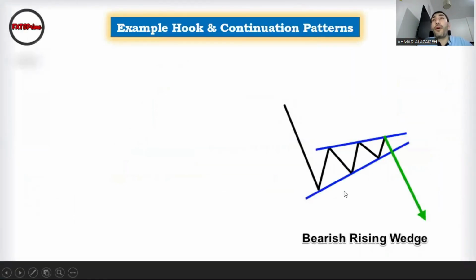Now, example for the hook. So this is, guys, here the hook example. So this is a bearish rising wedge, and this is the oversold, and this is point A, and this is here point B and C, and this is a breakout, and we are taking buy, then we are selling from here and continuing and breaking down and continuing with the price.